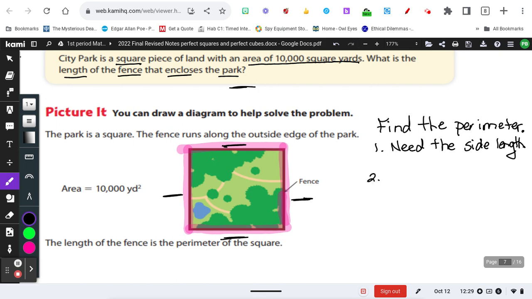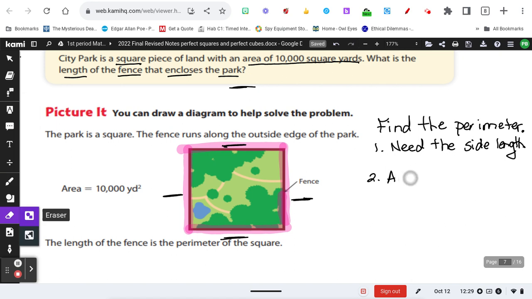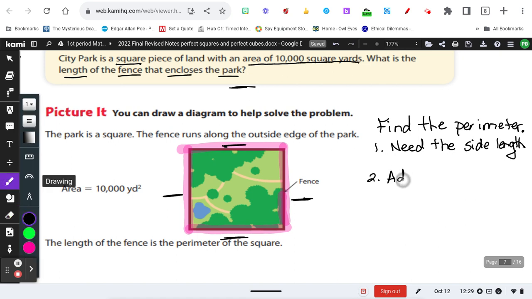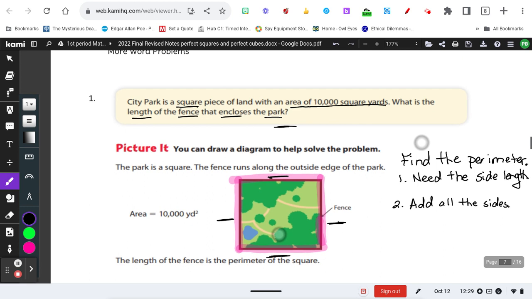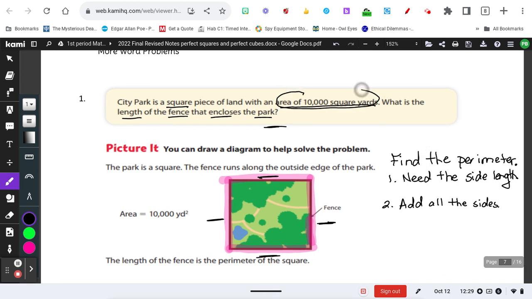Then after you figure out the side length, you add all the sides. Now just keep in mind, the only thing I have is the area. So what do you do with area to get to what I need first, which is the side length?